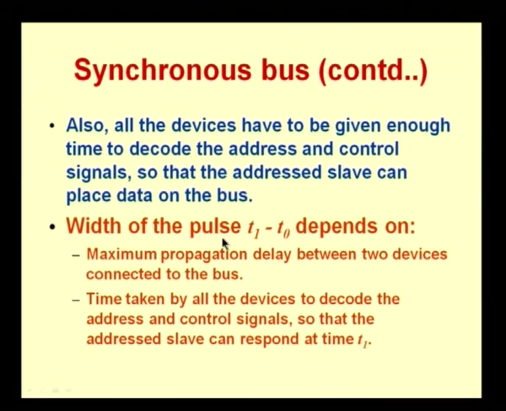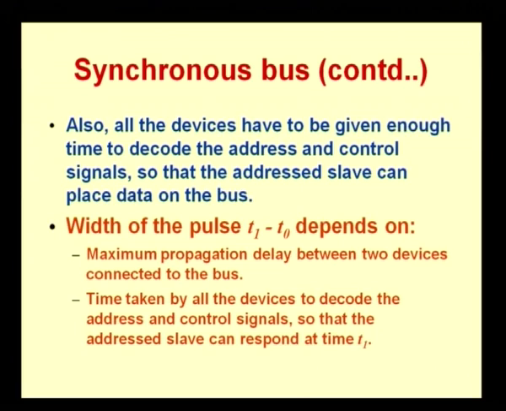Now, this width of the pulse. We said that we have a clock, and something happens at the rising edge and something happens at the falling edge. What exactly should this time be? How do I determine the width of this pulse, that is t1 minus t0? What would it depend on? It will depend on the maximum propagation delay between two devices which are connected to the bus, and it also has to take into account the time taken by all the devices to decode the address and control signals, so that the addressed slave can respond at time t1.